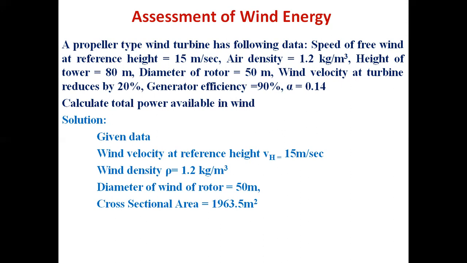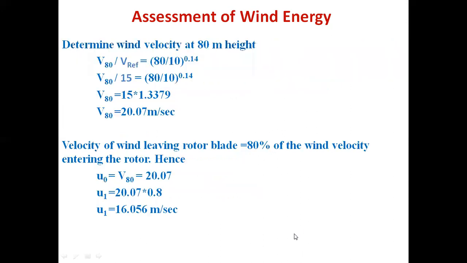Generally, the maximum value of the capacity factor is 16 by 27 according to Betz limit, that is 59.26% only. That means whatever power is available in the wind, only 59.26% of that power can be converted into energy. And when we multiply this by generator efficiency 90%, we get the power developed by the wind turbine. So this is all in this case.